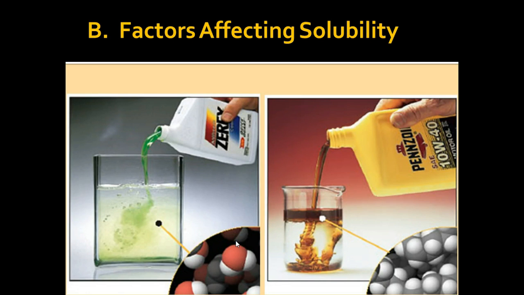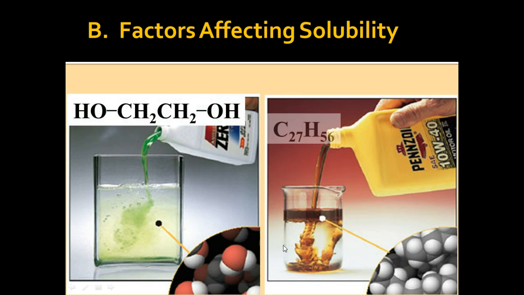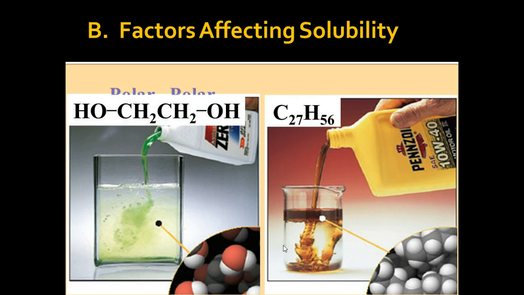And so notice how we have two bowls, and this substance here is dissolving, but this substance isn't. So you can tell that if this is water, let's just assume, that means if it dissolves, it must also be polar, just like water.